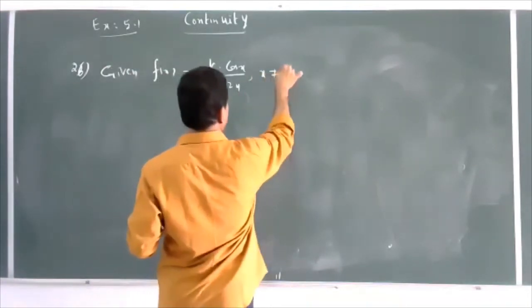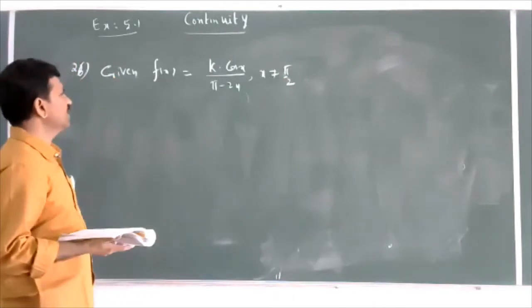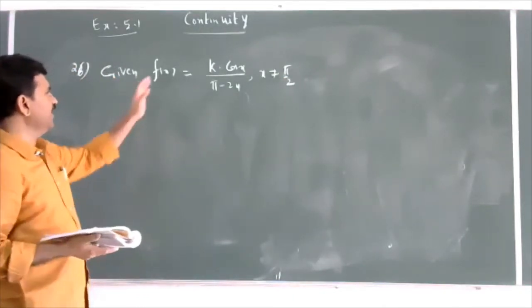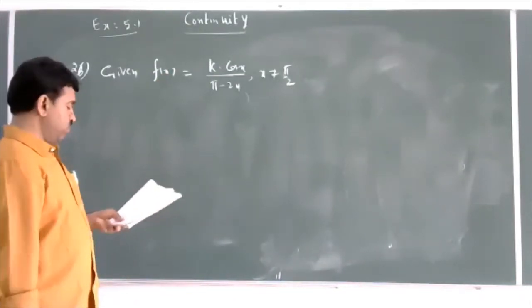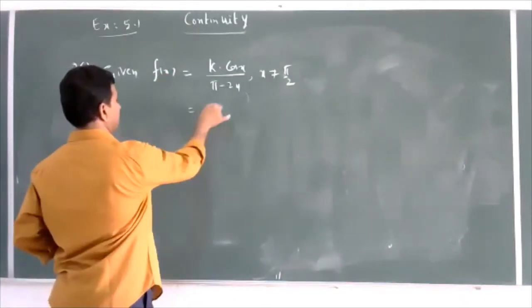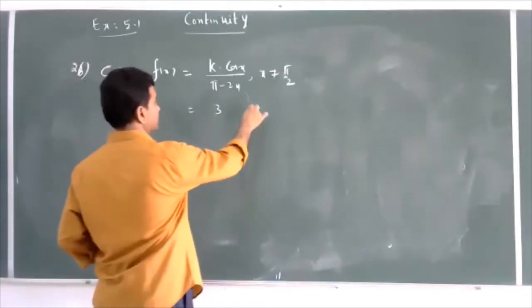When x is not equal to pi by 2, in the left and right neighborhoods, we can take k into cos x by pi minus 2x. This is equal to 3 when x is equal to pi by 2.